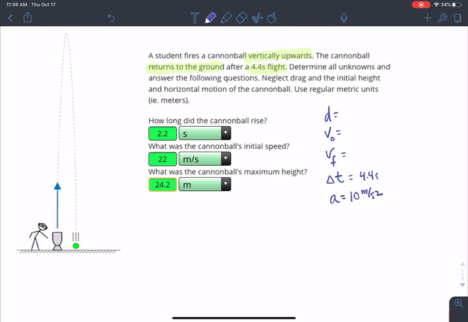Well, the nice thing about free fall problems is that things under constant uniform acceleration are parabolic in nature, and there is a symmetry to a parabola. If we go over to the left here, we can see the parabola. I'm going to look at the very top of this parabola, and draw a line straight down to the ground.